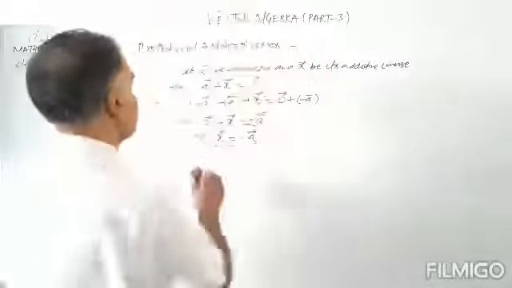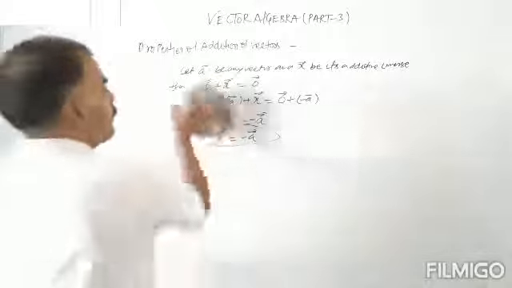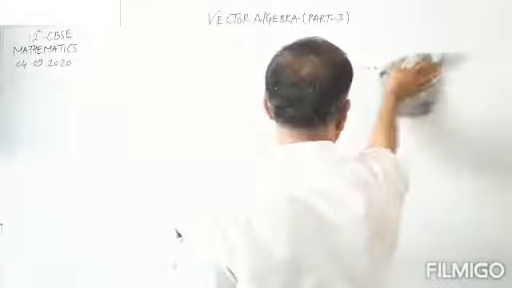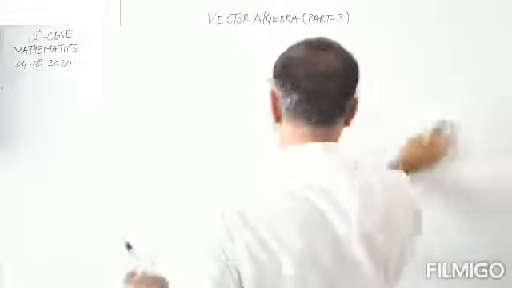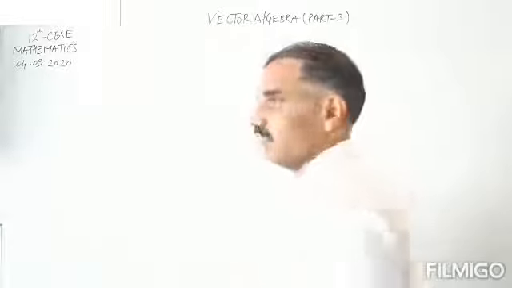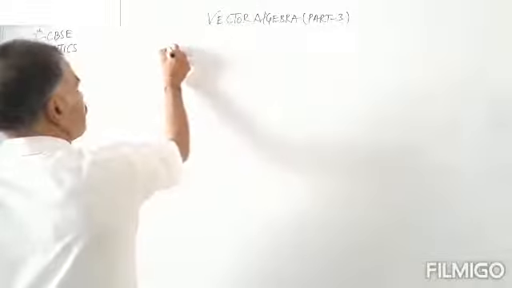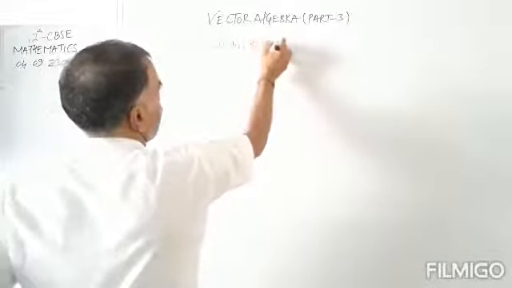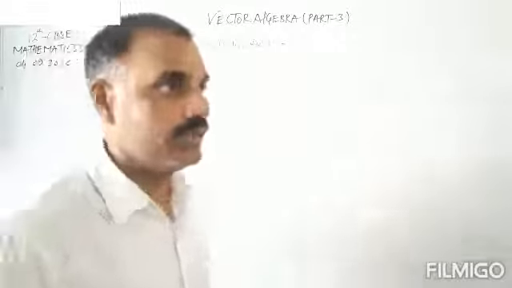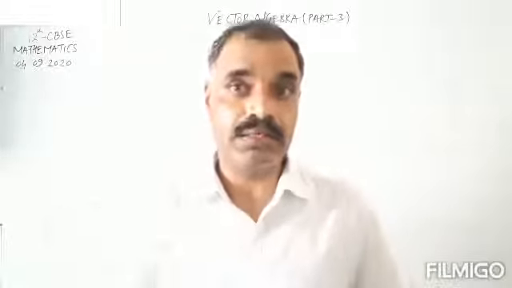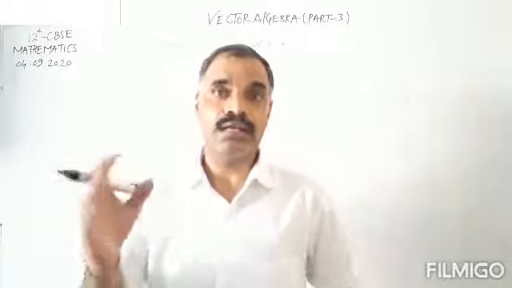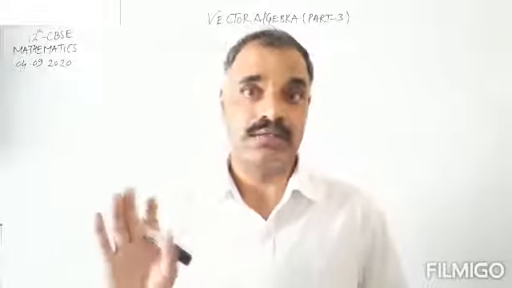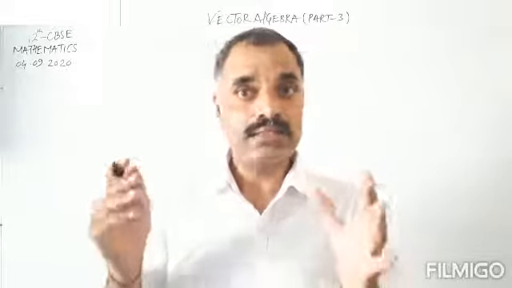Okay, so the next topic in vector algebra, part 3, is scalar multiplication of a vector, or multiplication of a vector with a scalar. Okay, it means when we multiply a given vector with any scalar lambda, that is lambda A vector, then the direction does not change.